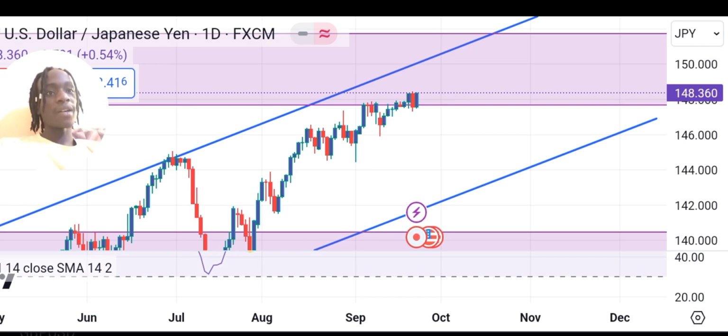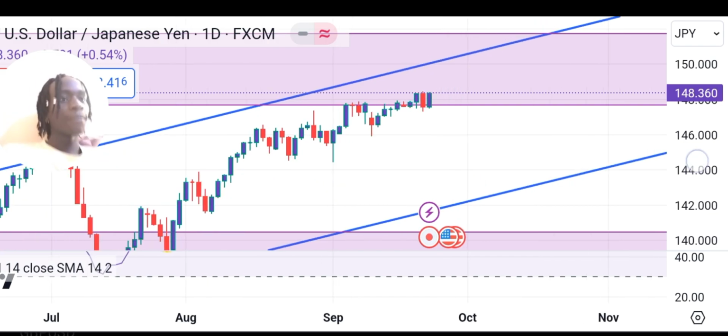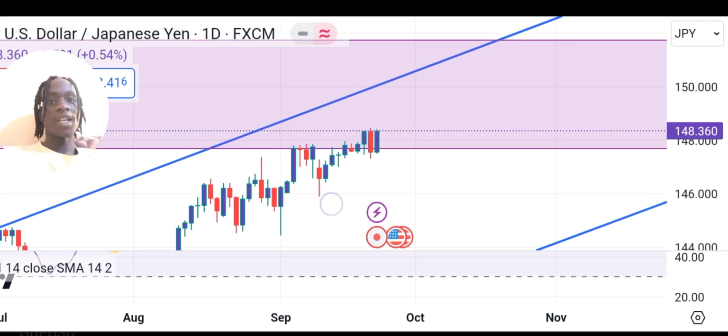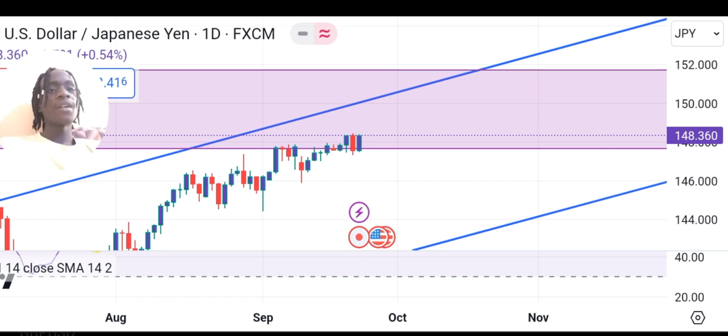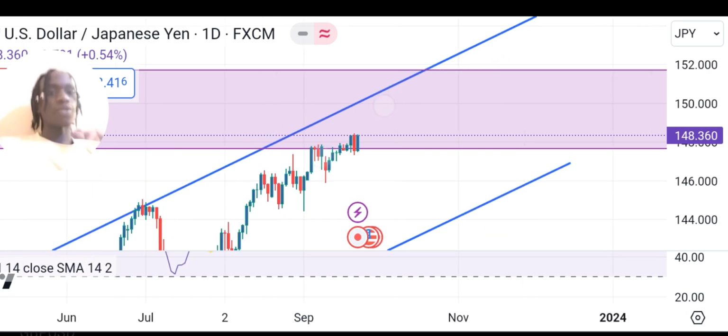So this is where we are now. This is where the market has closed on Friday. So next week, what are we expecting next week? Stay tuned, traders, because it is entering my supply zone.